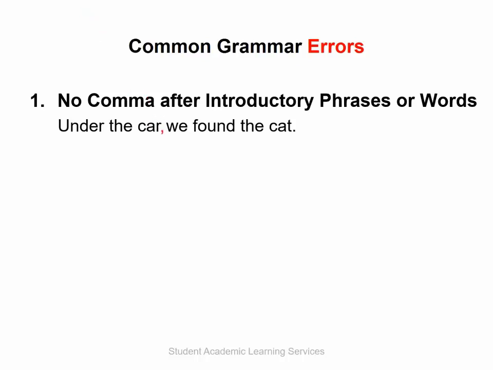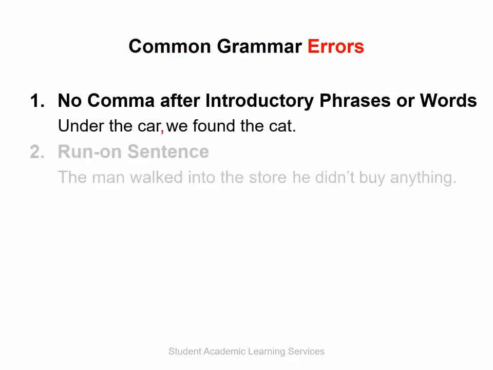We found the cat. Under the car is the introduction. Sometimes an introduction can be a single word, like suddenly, but in this case, it's a location. So usually an introduction is a time, a place, or a situation that introduces the sentence. In this case, the sentence is, we found the cat.